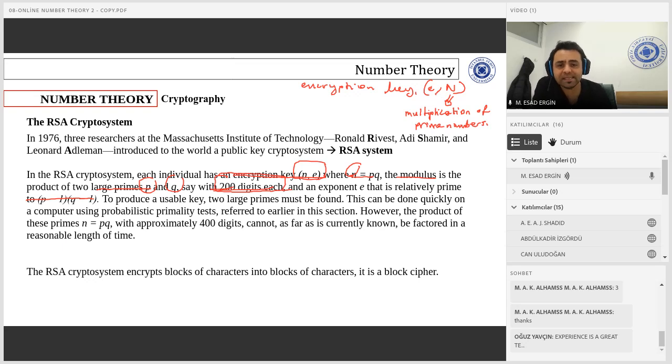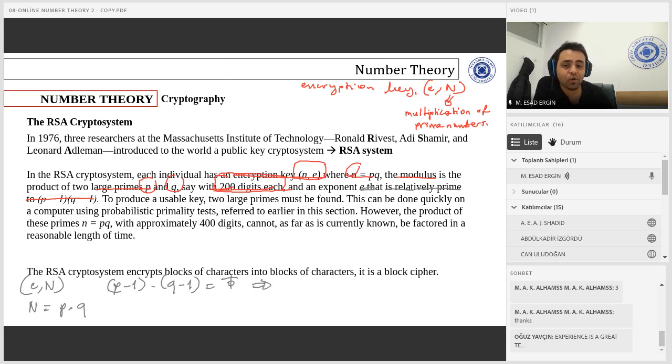Now we have an encryption key, which is E and N. So we can rewrite the encryption key as E and N, and we know that N should be a multiplication of two prime numbers, and E has to be relatively prime to P minus 1 multiplied by Q minus 1. We call it Euler's totient.